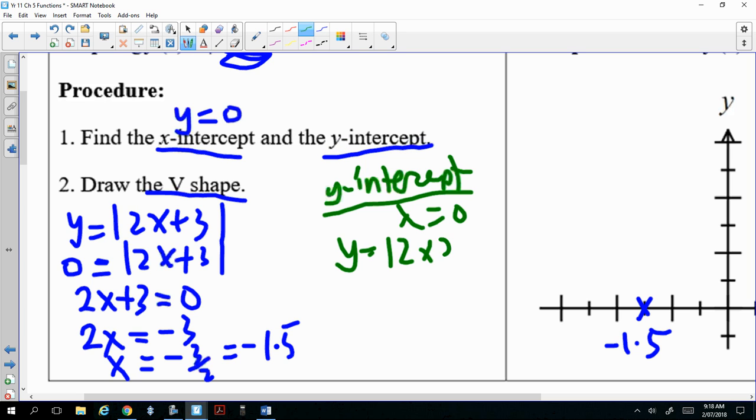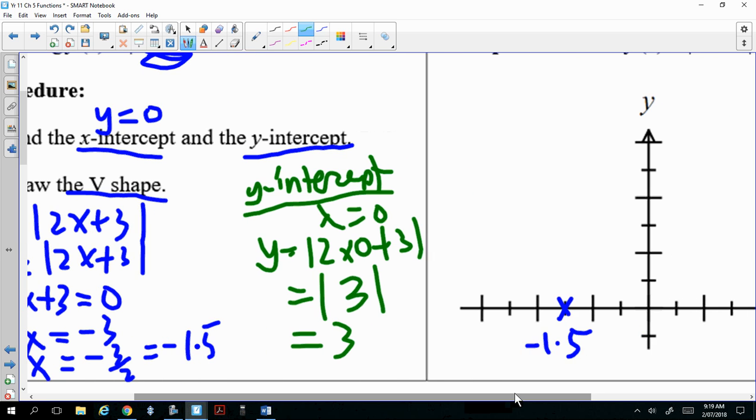Right, 2 times 0 is 0. 0 plus 3 is 3. Absolute value of 3 is 3. So put 3 there. 1, 2, 3. Okay, good.